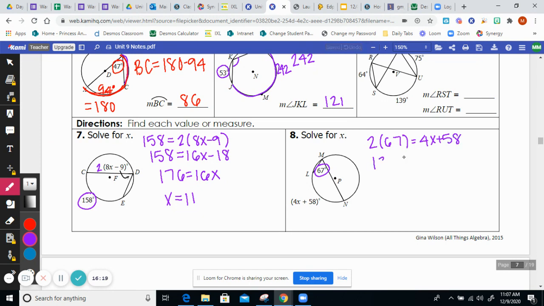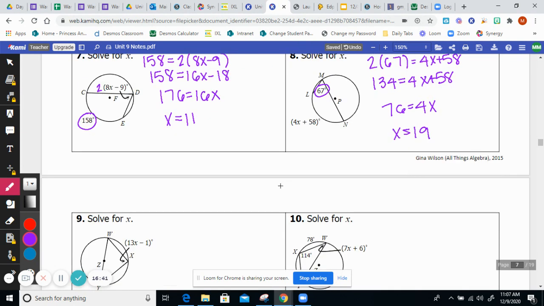So I get 134 equals 4x plus 58. I subtract 58 from both sides, and I get 76. So I divide both sides by 4, and I get that x equals 19. And we are definitely going to do more examples of these in class.